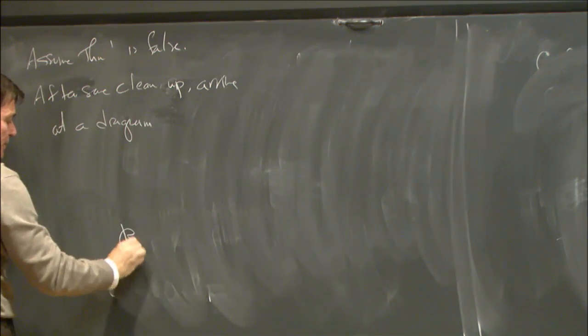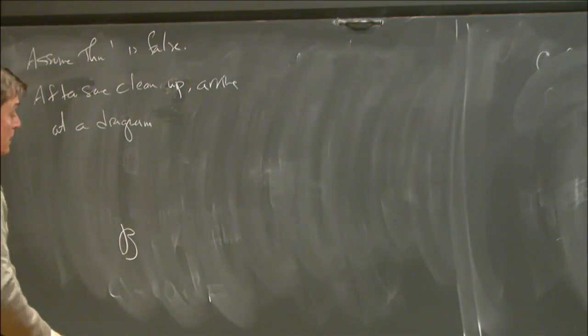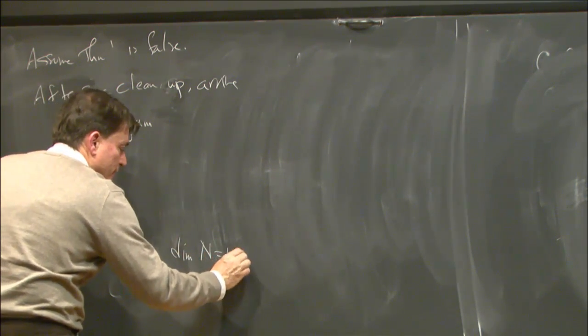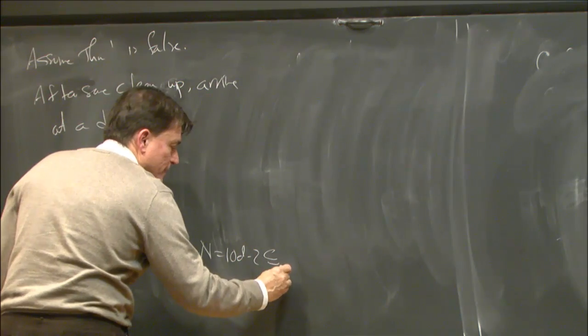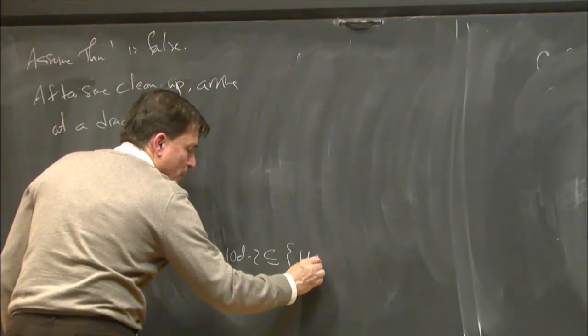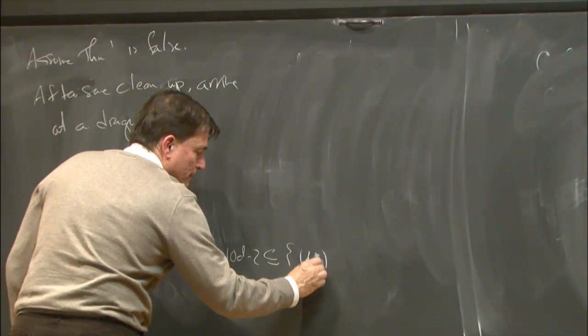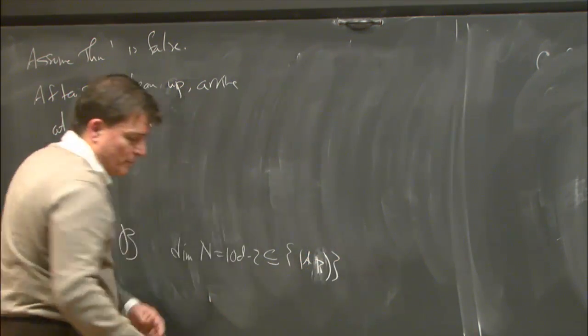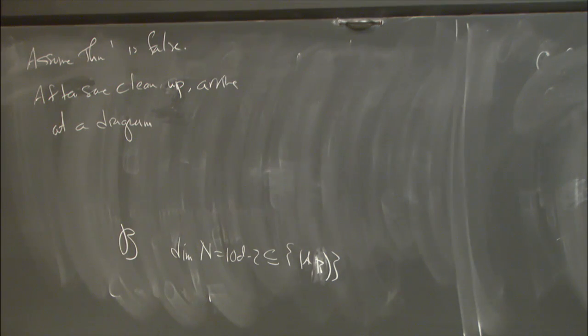So I'm going to have a base scheme here. This is going to be of dimension n, which is 10d minus 2, but it's going to be a sub-thing of this set of pairs of polynomials. It's convenient to sort of get rid of the group action. So the space of polynomials maps down to the moduli space of elliptic curves.